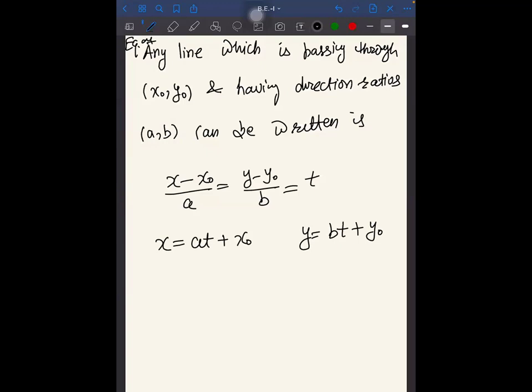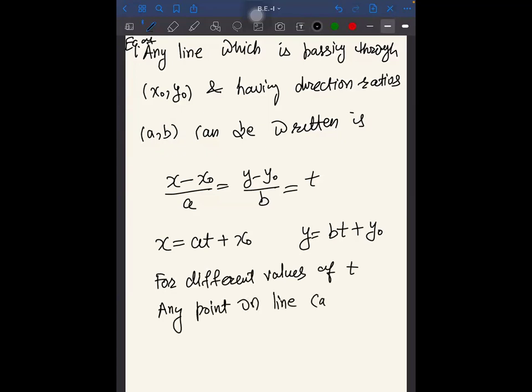For different values of t, any point on the line can be viewed as x naught plus at and y naught plus bt.